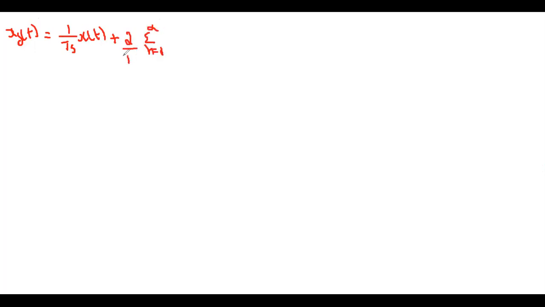Here also I am writing the ts directly: 2 by ts into x of t cos n omega s t dt.